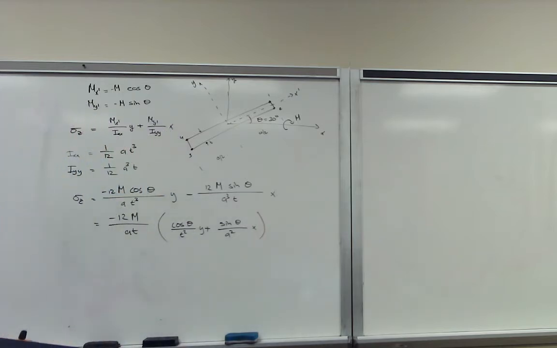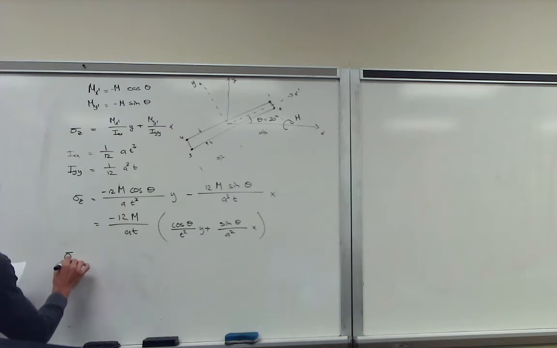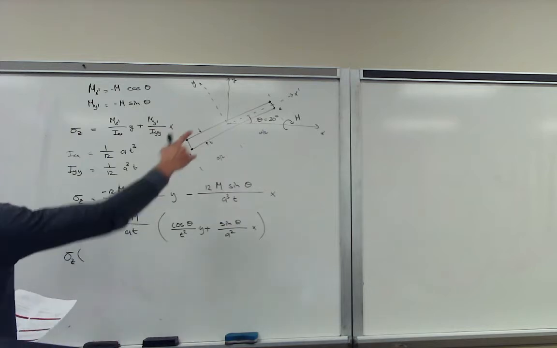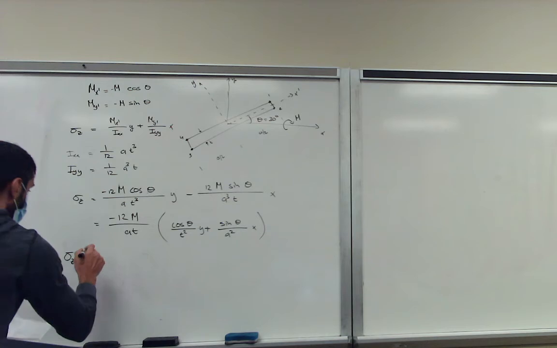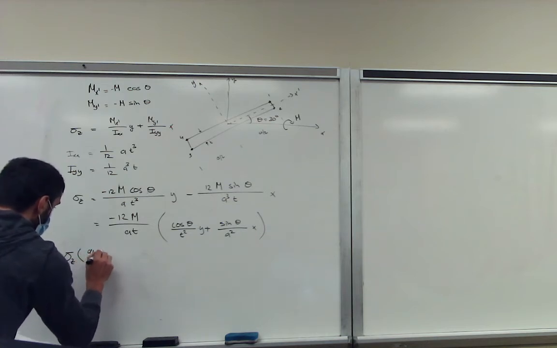And our x and y locations, for location 1, sigma z, that's equal to a over 2 plus t. So this is a over 2 comma t.